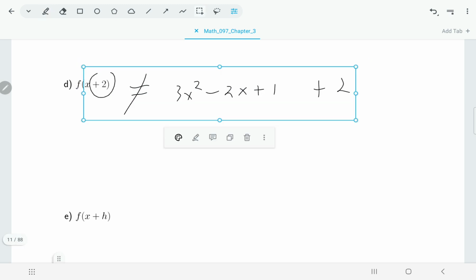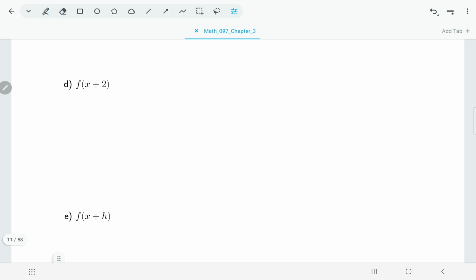Instead, what we're looking to do is to take our original function and replace all of the x's with x plus 2's. So our original function was 3 times x squared minus 2 times x plus 1. And instead of having the x being squared or the x being multiplied by 2, it's going to be x plus 2 that's getting squared, and it's going to be x plus 2 that's getting multiplied by 2.